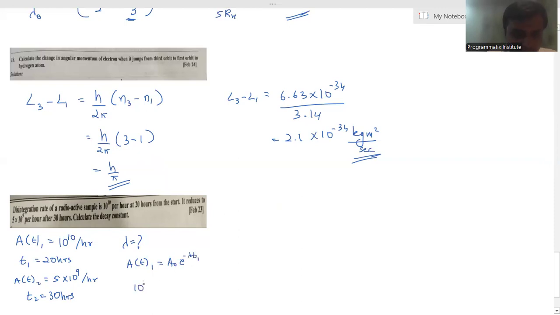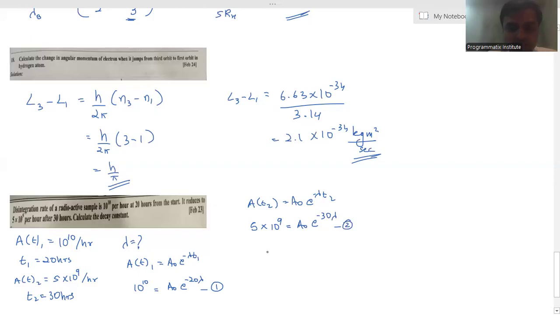When I substitute values, I'll get 10 raised to 10 equals A0 e raised to minus 20 lambda. Perfect. Let's name it equation number 1. Again, I have A2 equals A0 e raised to minus lambda T2, which is A0 e raised to minus 30 lambda. Okay, this is equation number 2.